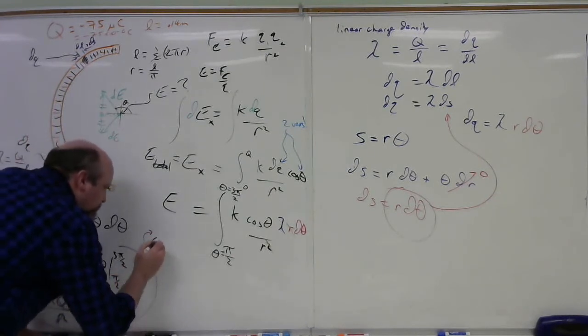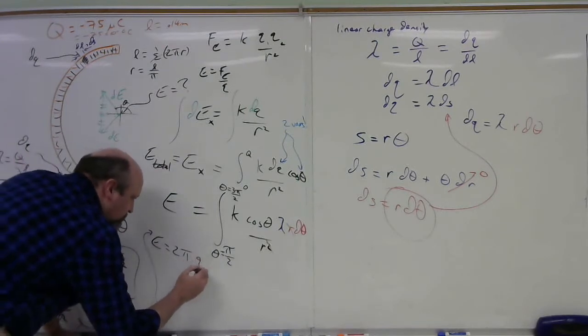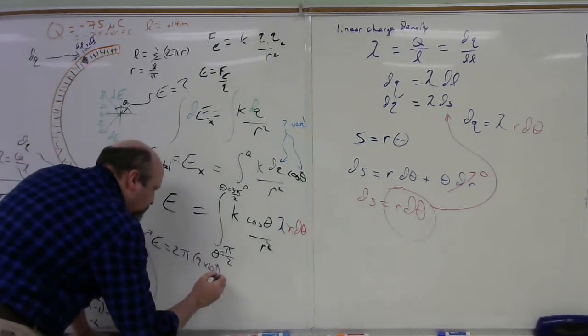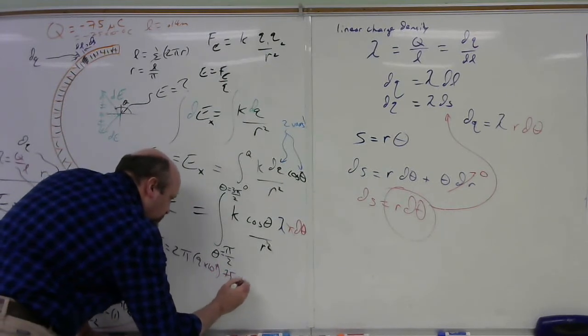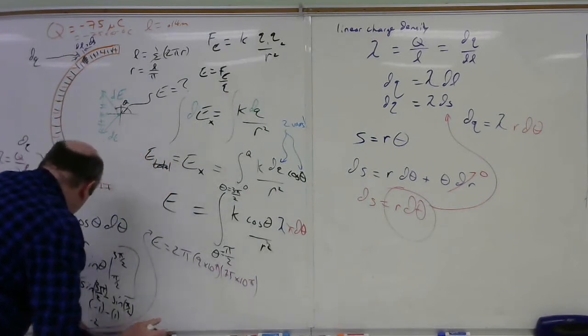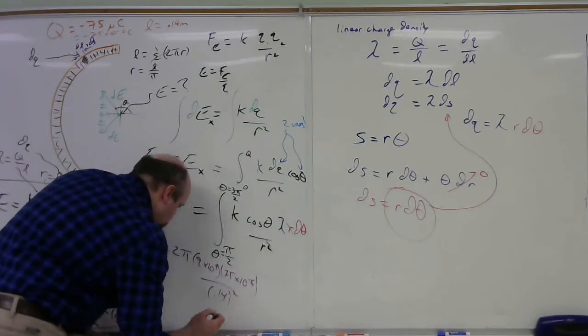So then my E field strength would be 2 pi times 9 times 10 to the 9. My Q is 75 times 10 to the negative 6. I'm just taking absolute values here. And then over that length, 0.14 squared.